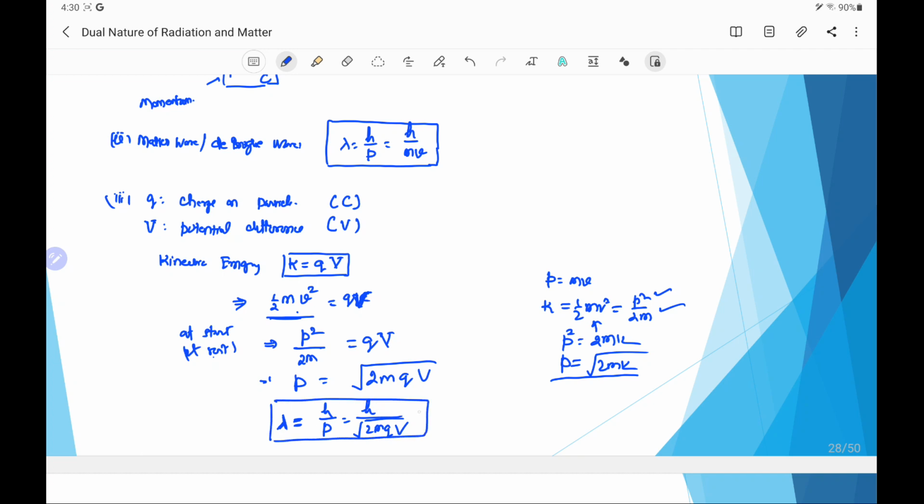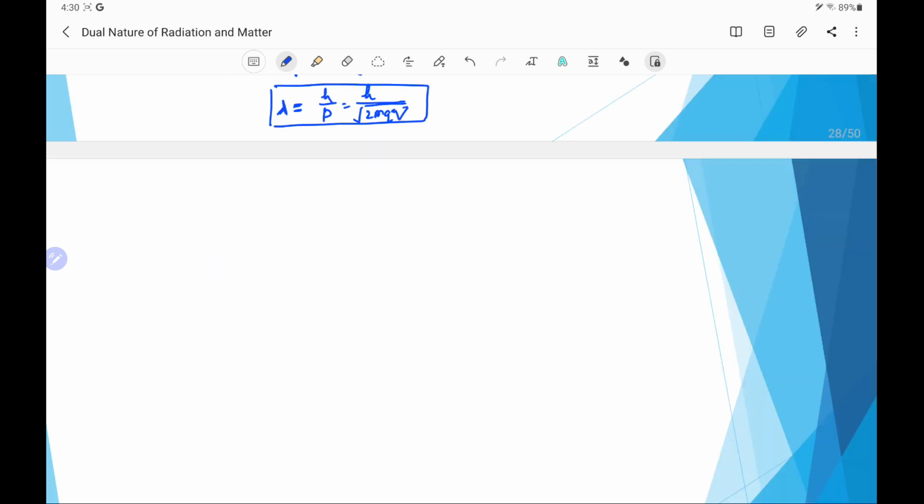Here h is the Planck's constant, m is the mass of the particle. Say the particle is an electron, then m will be 9.1 into 10 to the power minus 31 kilogram. Q is the charge on the particle, and V is the potential difference through which the particle is accelerated from rest. This formula can be further simplified for electron.